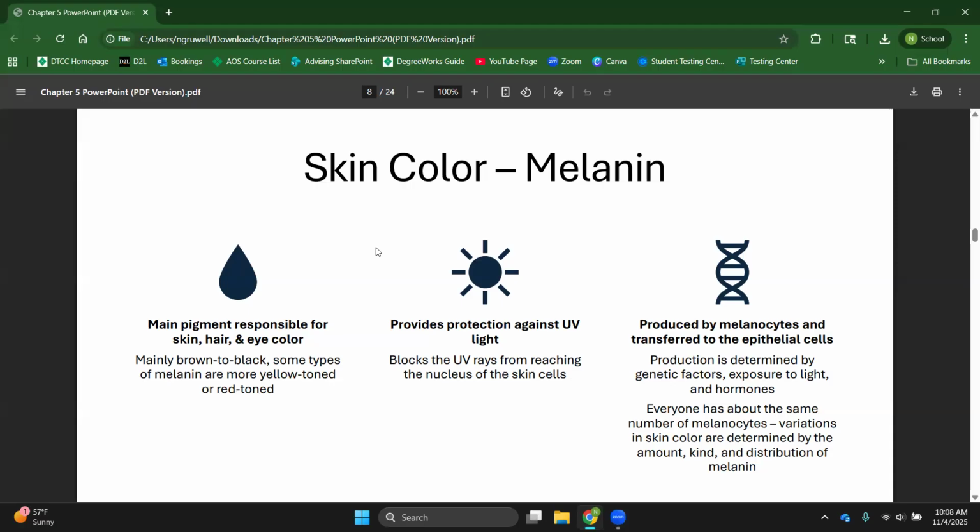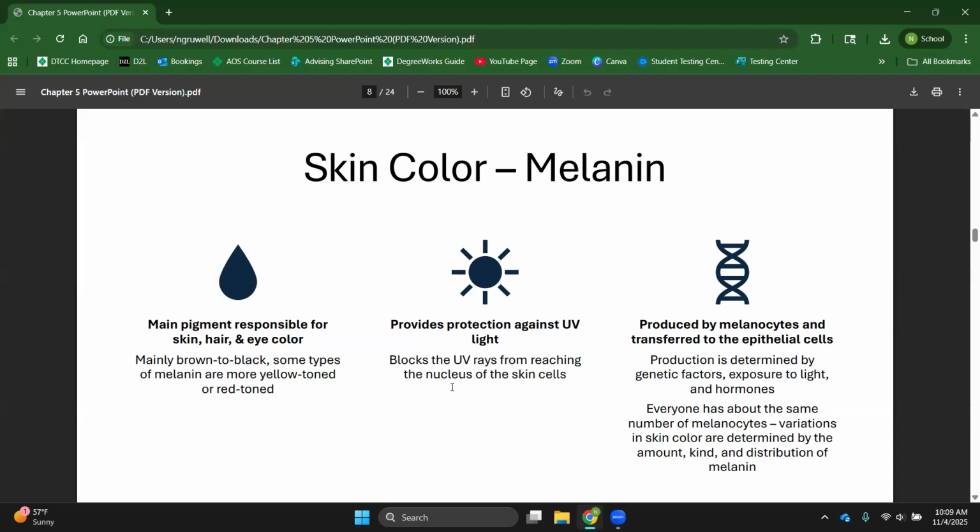So that's part of the reason why they recommend wearing sunscreen and not staying out in the sun too long, because if we get too much UV exposure, that's how stuff like skin cancer can form due to the changes or the damage that happens within the DNA that's housed in the nucleus.